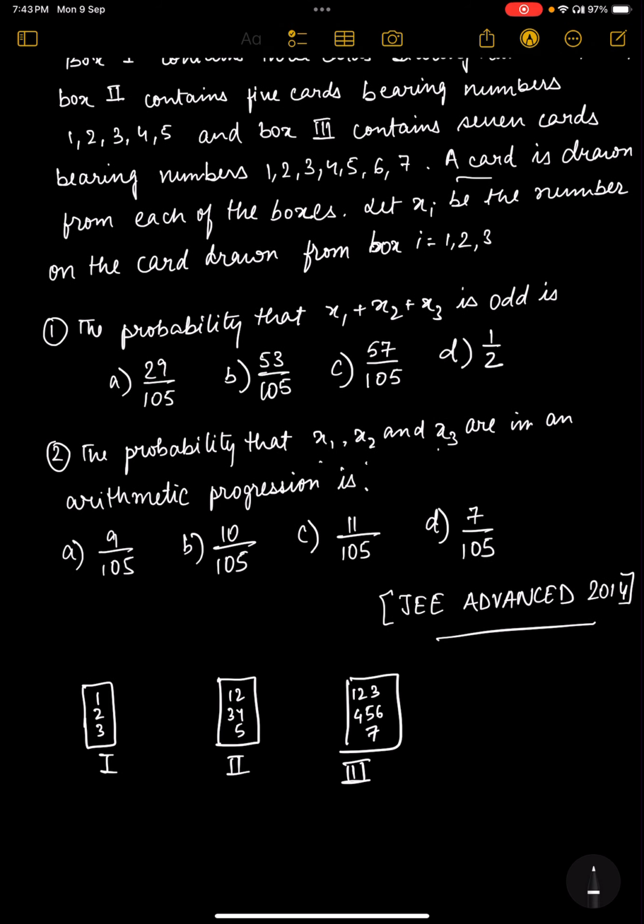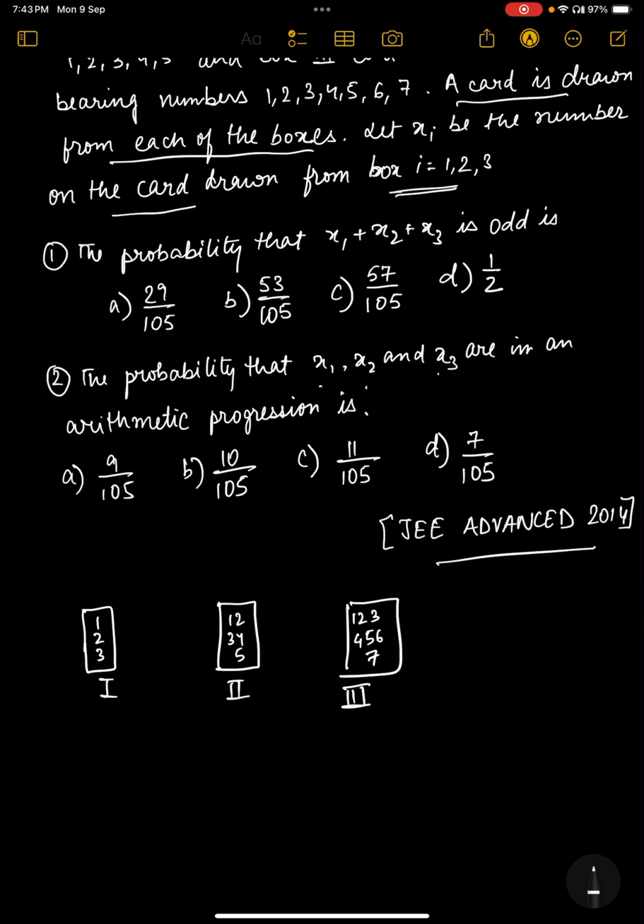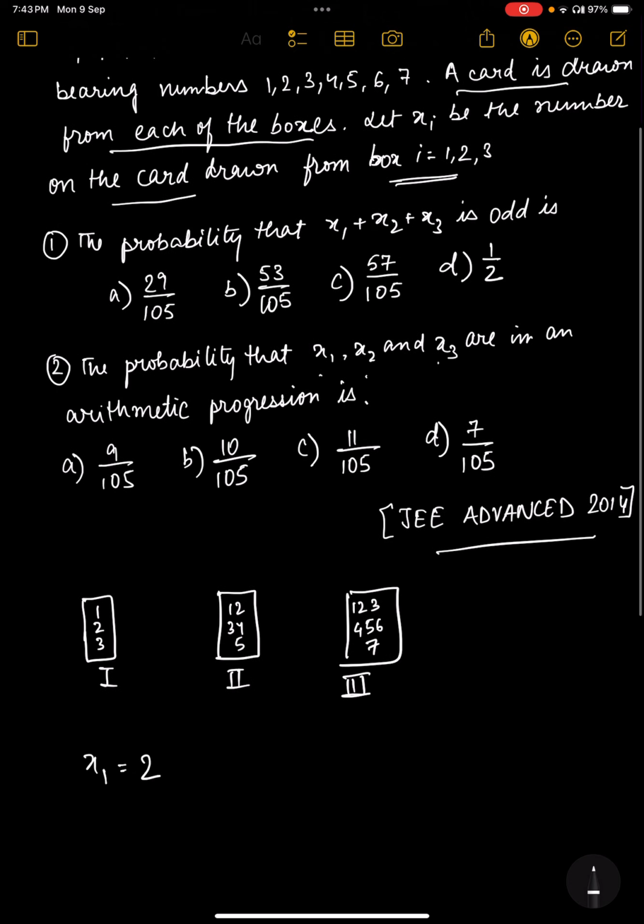Now, a card is drawn from each of the boxes, and let xi be the number on the card drawn, where box i is equal to 1, 2, or 3, which is the box identification. So suppose I am drawing 2 from box 1, or 5 from box 2, or 3 from box 3.